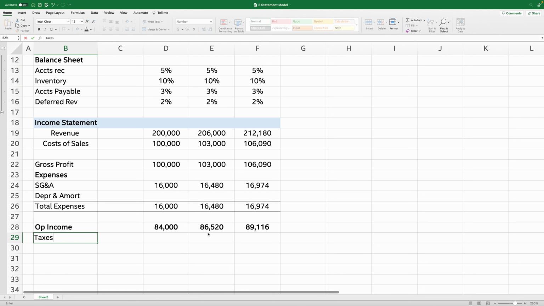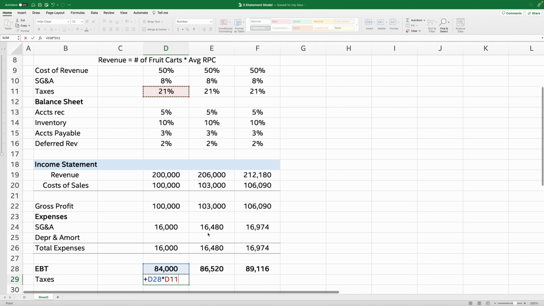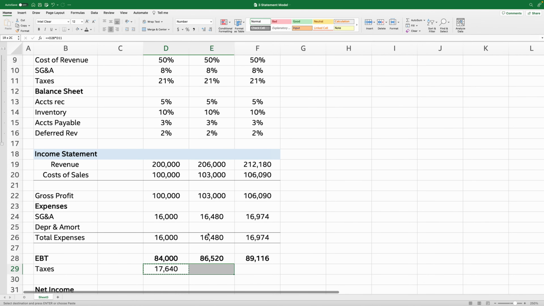Below that, I'll just write taxes, and then after taxes, of course, you get net income. I'll probably just put EBT, earnings before taxes. Taxes is earnings before taxes times our tax rate, which is 21%, because that's the going tax rate in the United States right now.